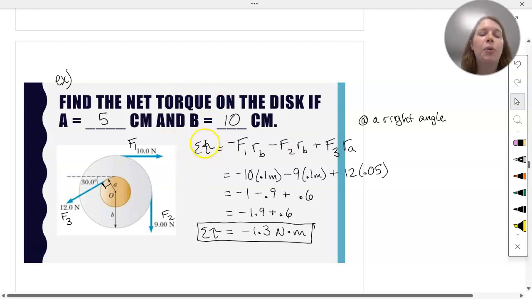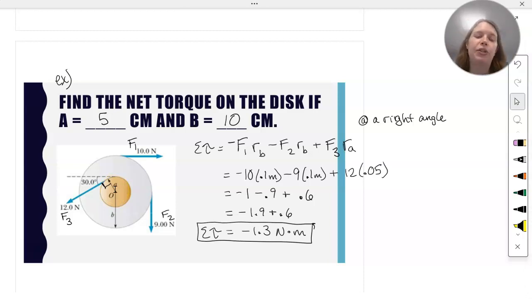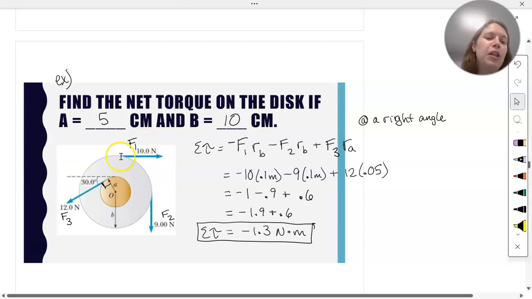The sum of the torques, or the net torque, would be the sum of every force times the distance it acts from the axis of rotation, as long as the force is perpendicular to the moment arm, the radial line that extends from the axis of rotation to the point that this force is acting.